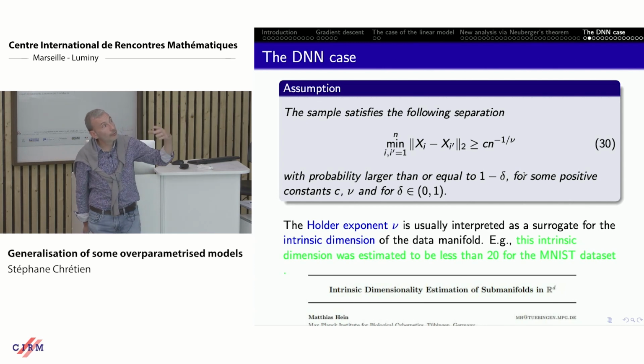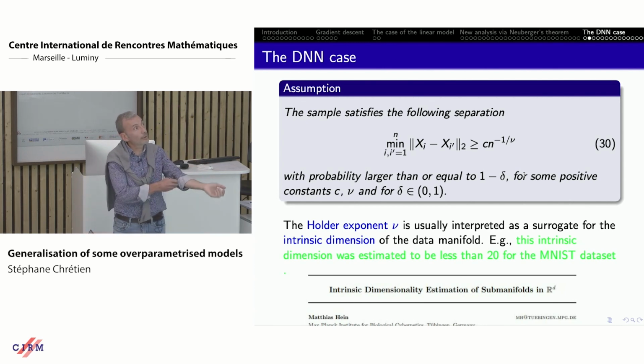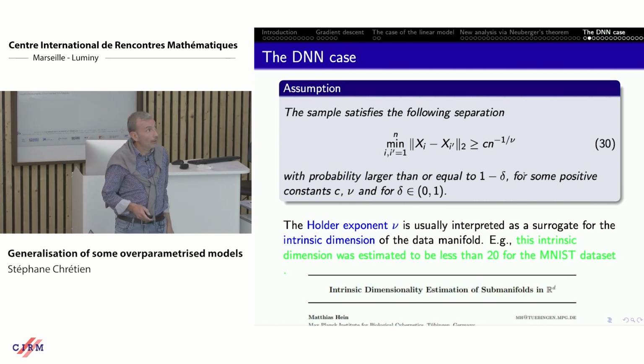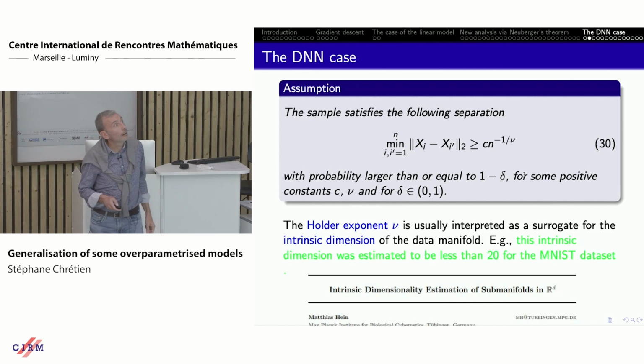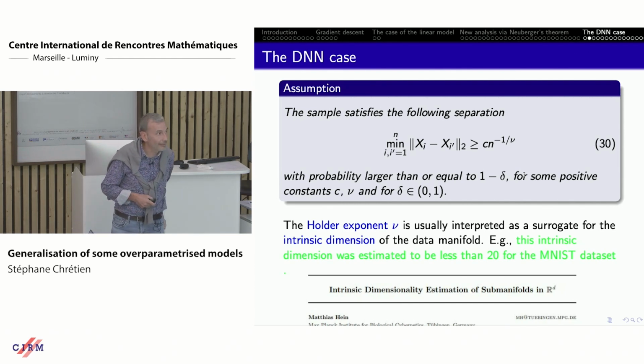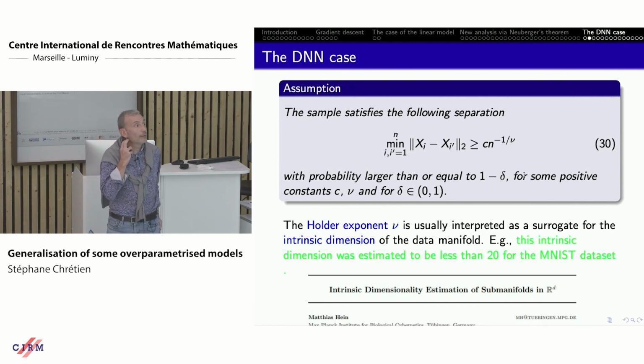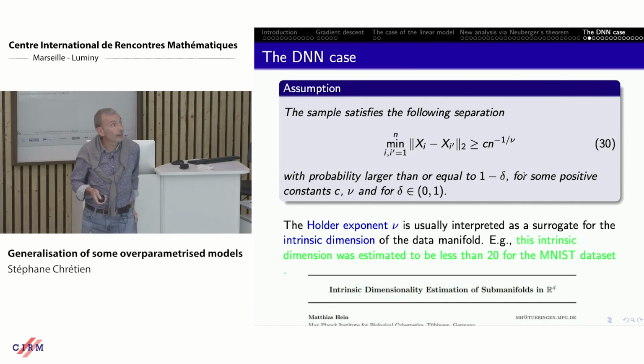The intrinsic dimensionality is a concept I will not delve into too much, but it guarantees that points are well separated from each other with a certain probability. And this is a very interesting notion. There is a very nice paper by Hein and Audibert where they study the dimensionality of the MNIST data set, for example, and they show that it's around 20.